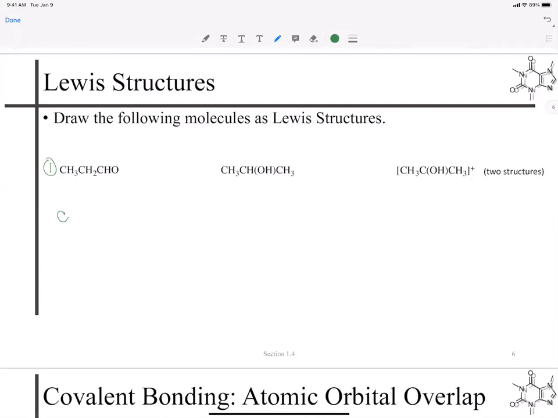Actually, the first thing we should do is calculate the number of valence electrons we have at our disposal in order to develop this particular Lewis structure. So we start off here with carbon, and we ask ourselves how many valence electrons this element can bring to this structure.